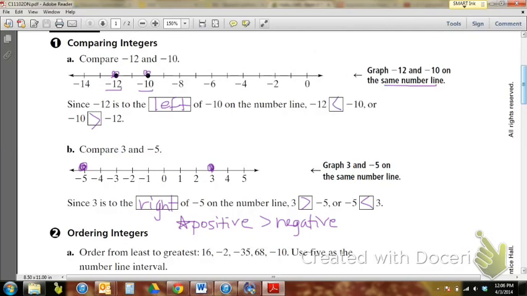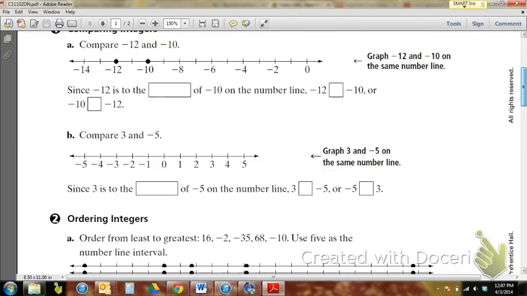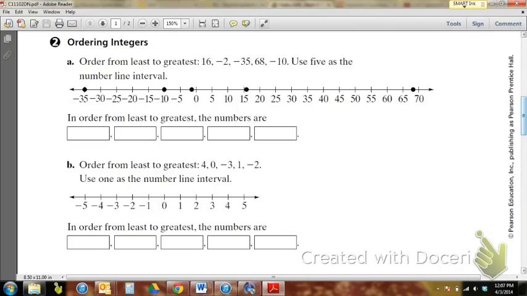Okay, so now let's try putting some in order. When they give you a bunch of numbers, it might be helpful to put them all on a number line. So 16 is about here, negative 2 is right here, negative 35 is all the way over here, positive 68 is over here, and negative 10 is right there.